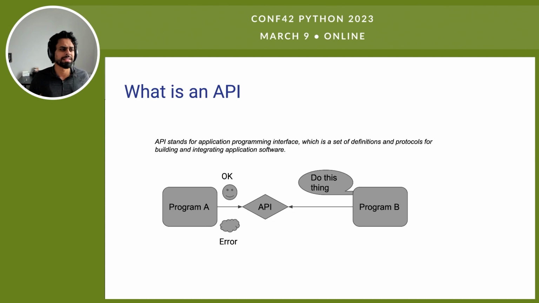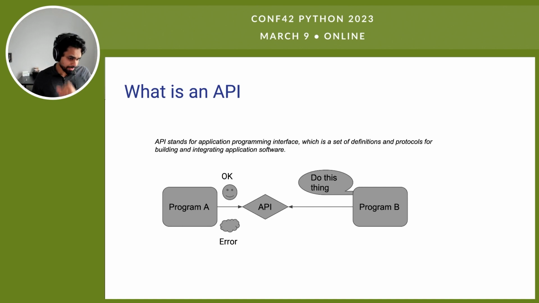So what is an API? API stands for Application Programming Interface, which is a set of definitions and protocols for building and integrating application software. What does that mean? Well, an API is just a way for a program to let other programs communicate with it.